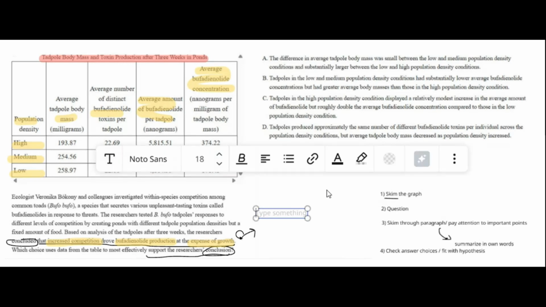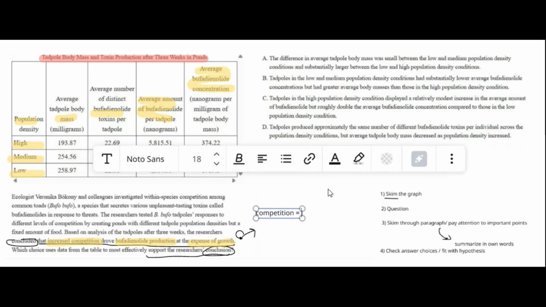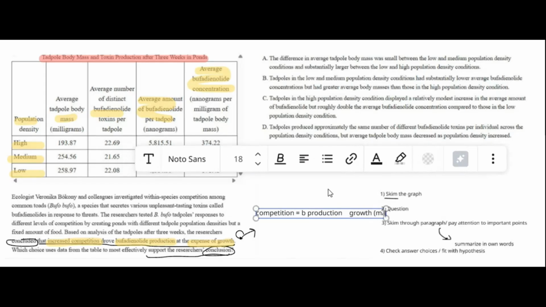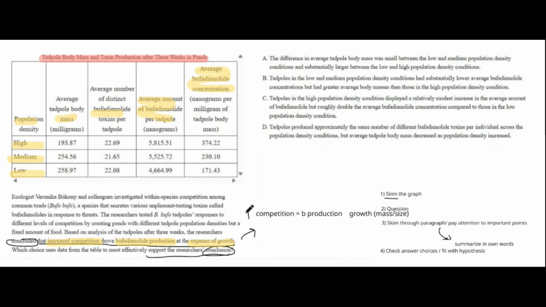And by growth, we can kinda assume that it means body mass, because in the paragraph we noted that it talks about some kind of a mass in tadpoles. And to make it into our small bullet point, we can just write that competition equals growth in bee and lowering in mass.